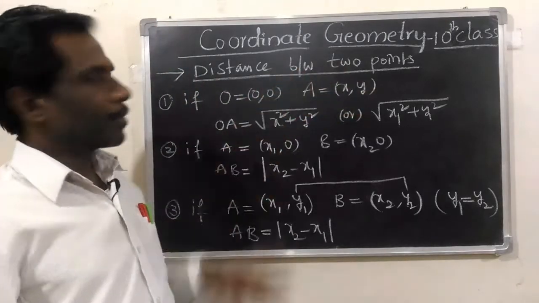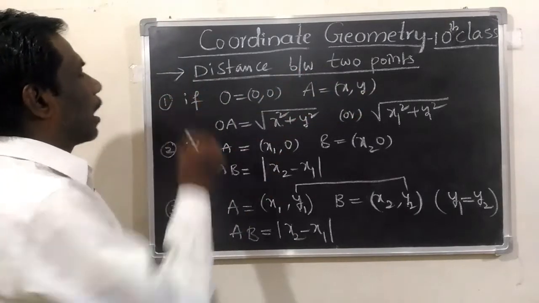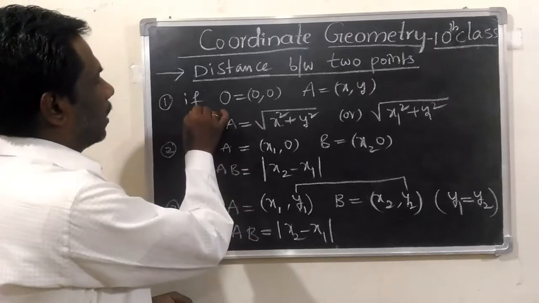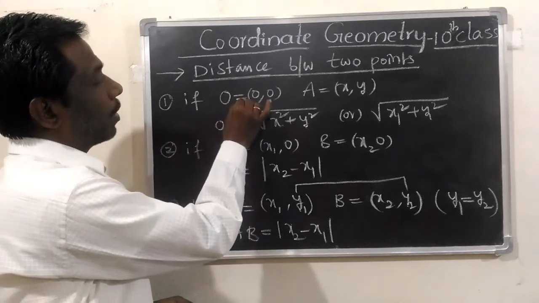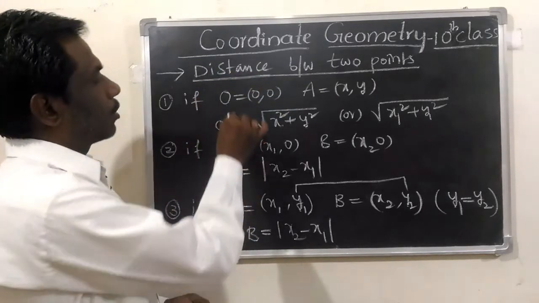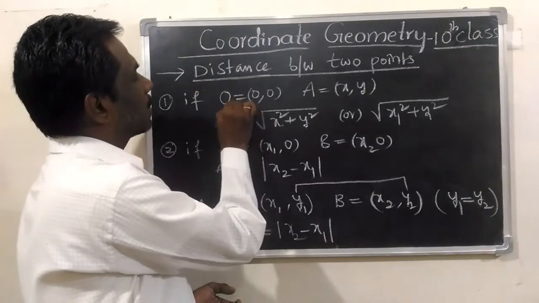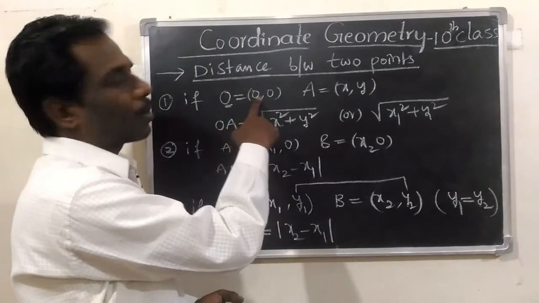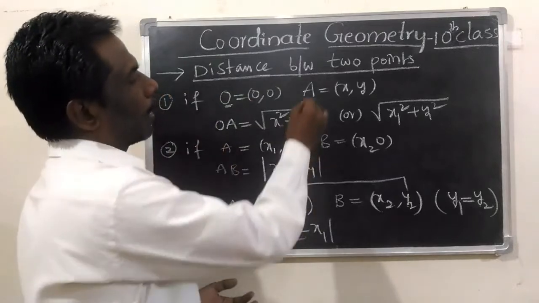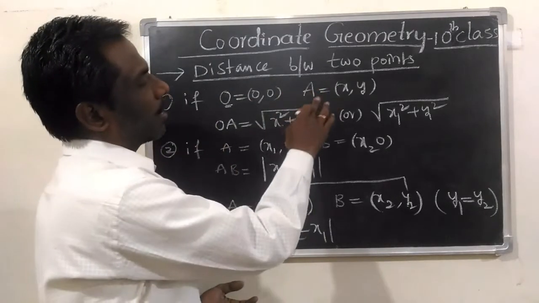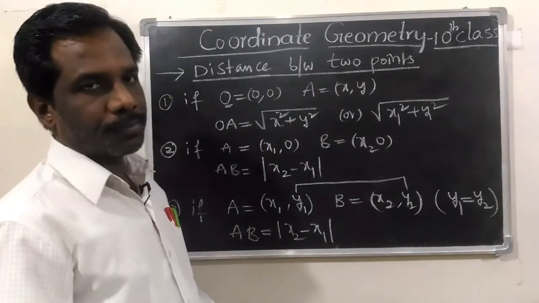Distance between 2 points. Here is the first formula. If O equals 0, 0, this O is the origin, so its coordinates are always 0, 0. And one point is A equals x, y.